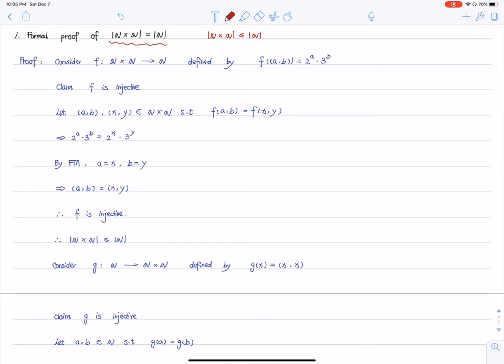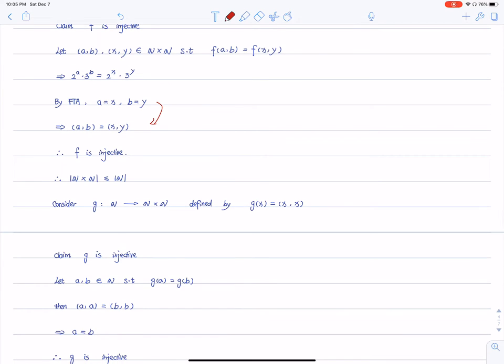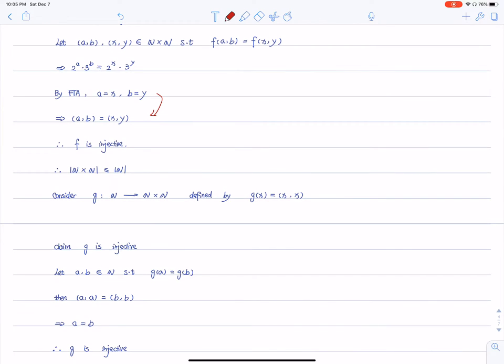And by the fundamental theorem of arithmetic, you know the expression has to be unique, which means a has to be equal to x and b has to be equal to y. Okay, so this implies (a,b) equals (x,y), which means f is injective, and the cardinality of N cross N is smaller than or equal to the cardinality of the natural numbers.